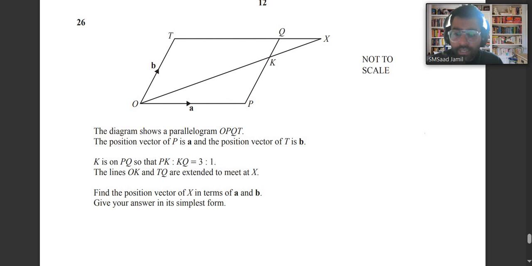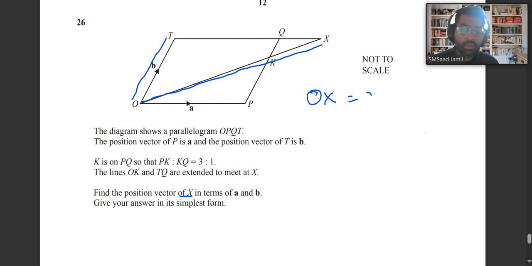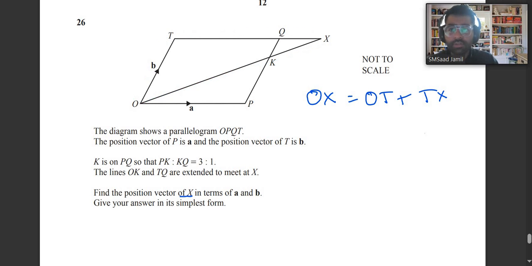So now guys, in this question we need to find the position vector of X, which means we have to find OX. So OX is equal to OT plus TX. How will we find TX?